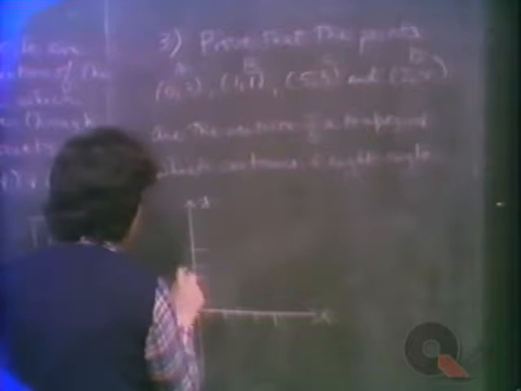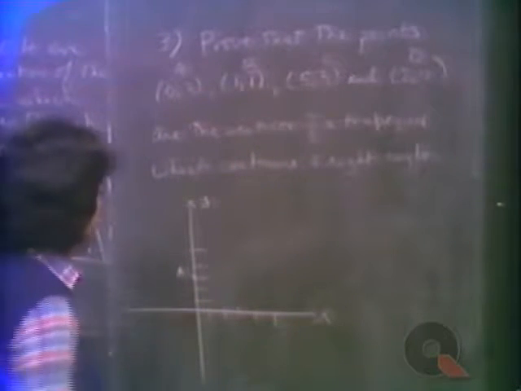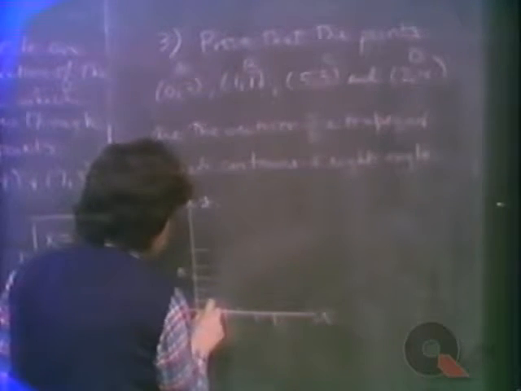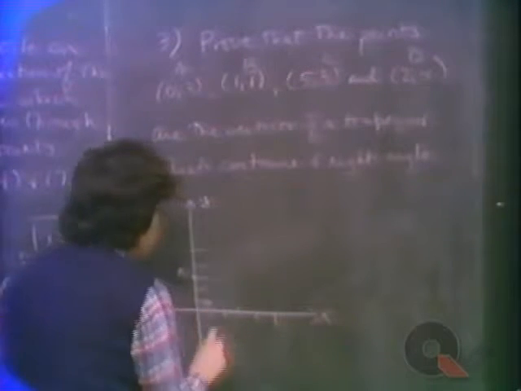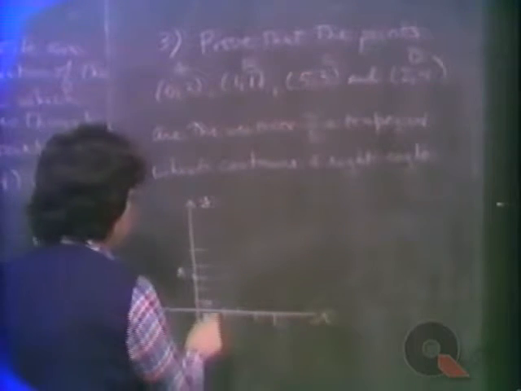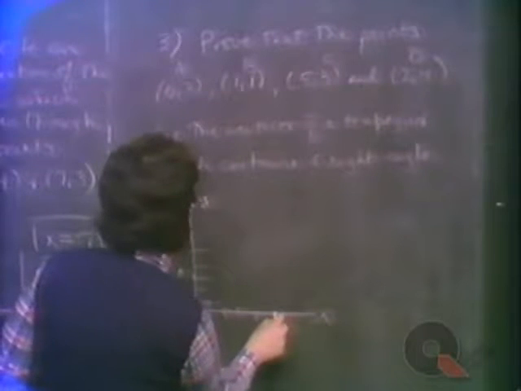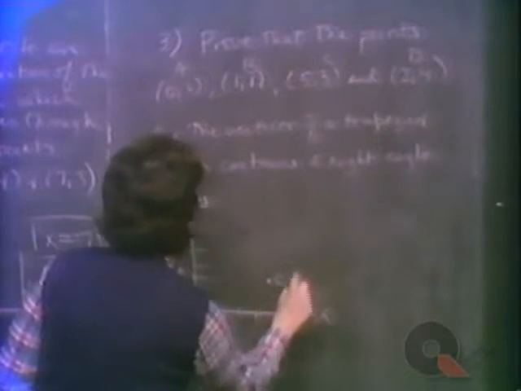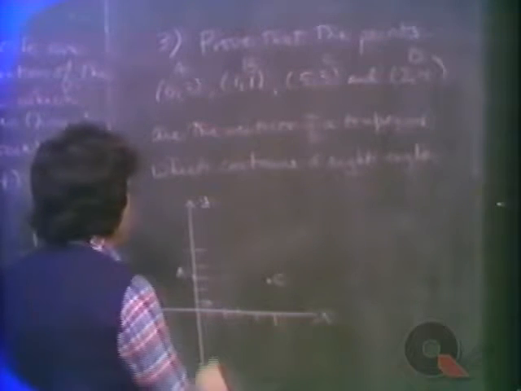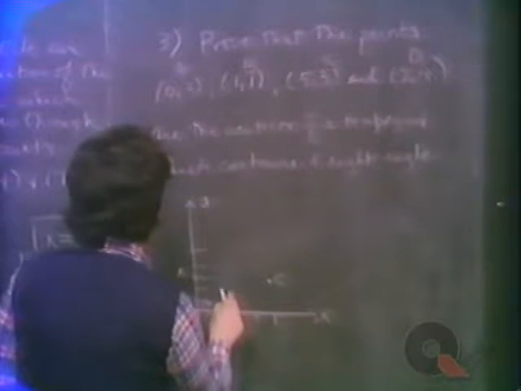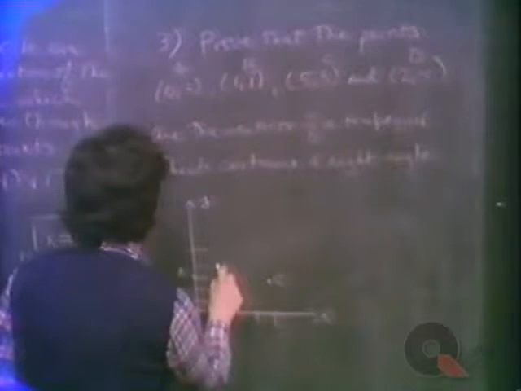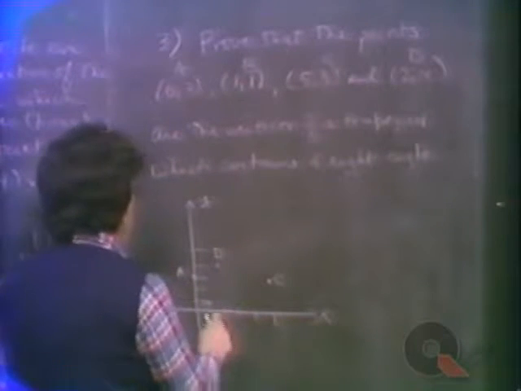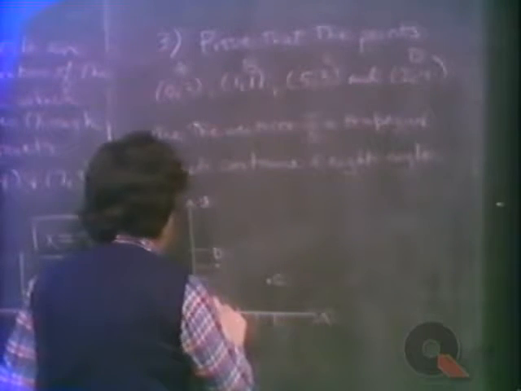Here is point A. B is 1, 1. C is 5, 3. 1, 2, 3, 4, 5. 1, 2, 3. C is 5, 3. And D is 2, 4. And the figure looks like this.